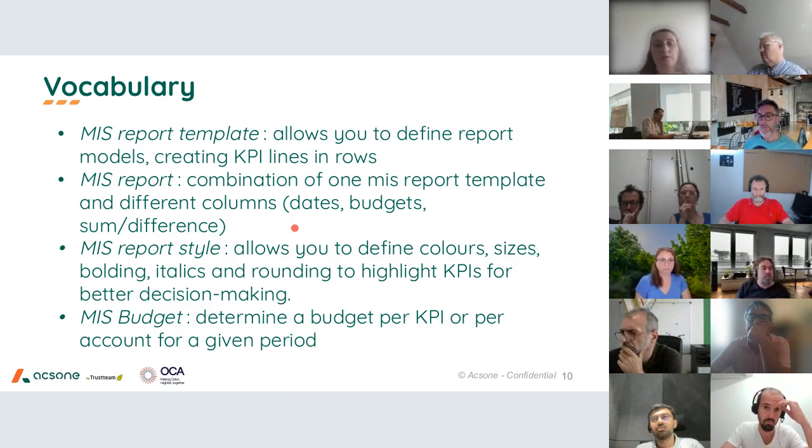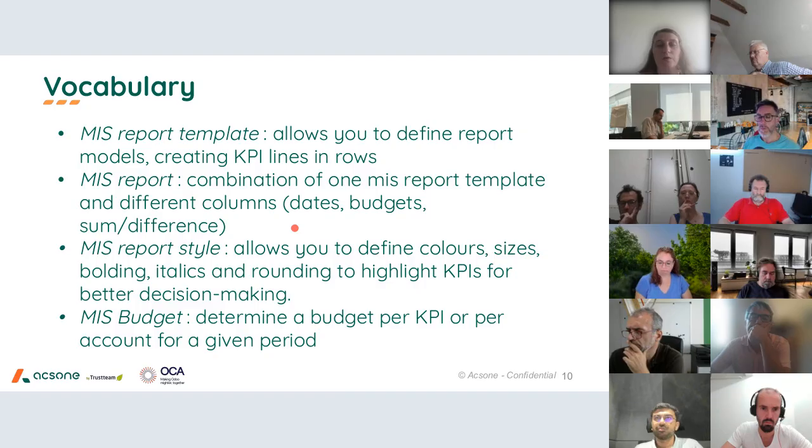After that, you can make the MIS Report. The MIS Report is the combination of one MIS Report Template and different columns, for example a column for actual data, for budget or for comparison. So you can have many MIS Reports with only one MIS Report Template.